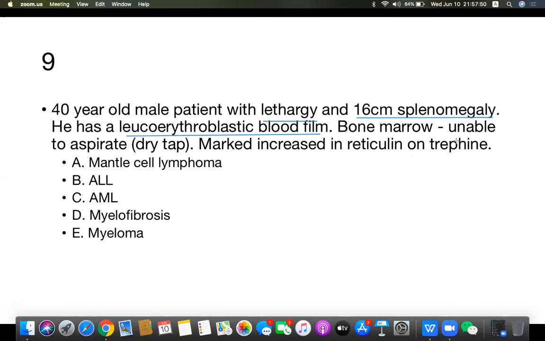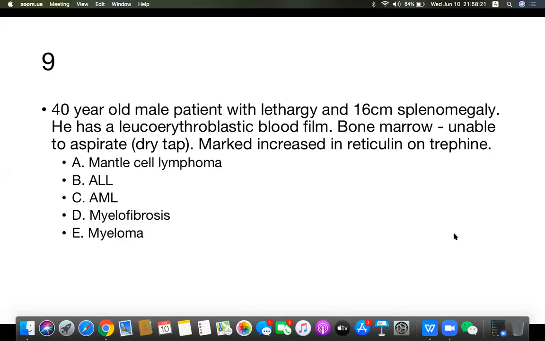Now a bone marrow was done here, and they were unable to aspirate it. It was a dry tap, which exactly happens in myelofibrosis because there is too much fibrosis going on, which is confirmed by an increase in reticulin on trephine biopsy. Trephine biopsy is a needle or core biopsy. So all of these tell us that this is a case of myelofibrosis.